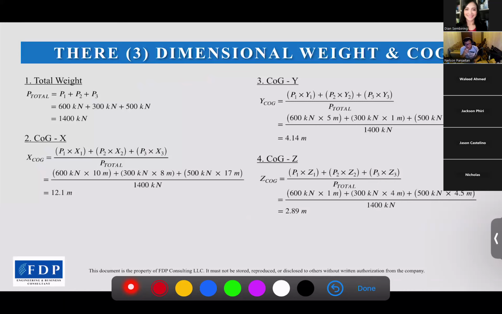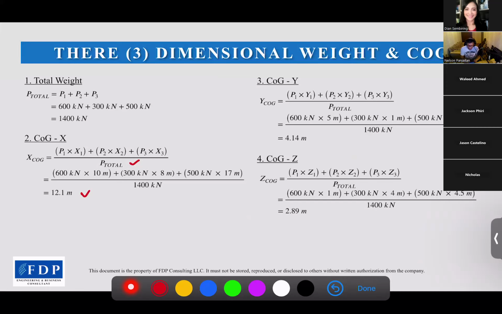We have three items, so it only goes until P3. If you have more than three items in the system, then you can adjust to how many items you have. For example, if you have 5 items, then it will go until P5 times X5. Then we divide it by the total weight, P total, and we get the COGX of 12.1 meters.